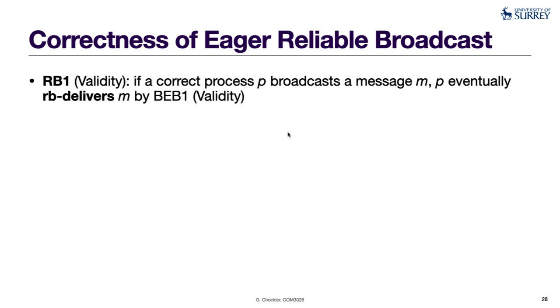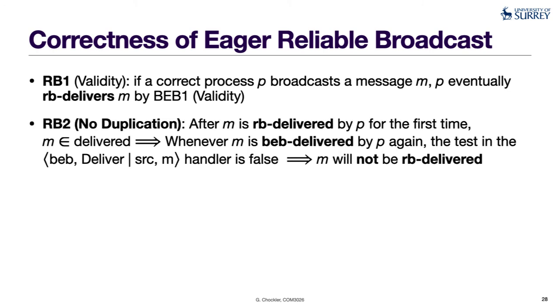First, if a correct process P broadcasts a message, then P will eventually deliver this message, and that follows directly from the validity property of BEB that we are using to disseminate the messages. So validity is actually simple. Now, no duplication is a bit more involved to show, but it is also simple.